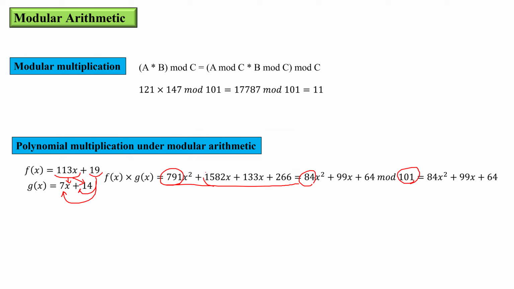And 1582 mod 101 would be 99. So these two values are first added to each other, and then the result is computed mod 101, which is 99. And then 266 mod 101 equals 64.